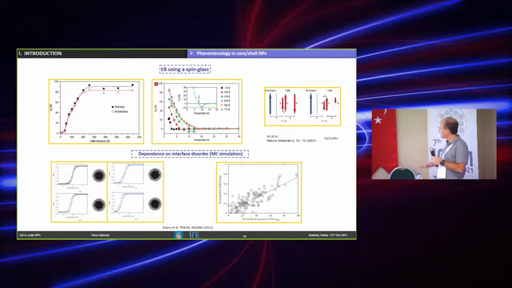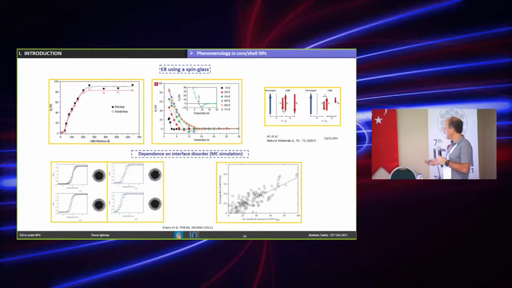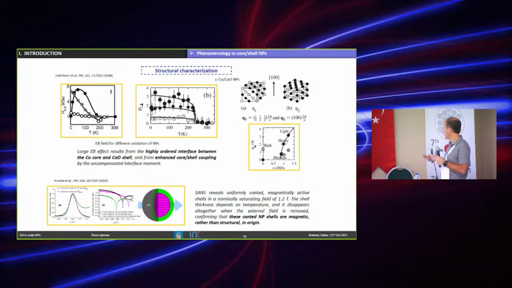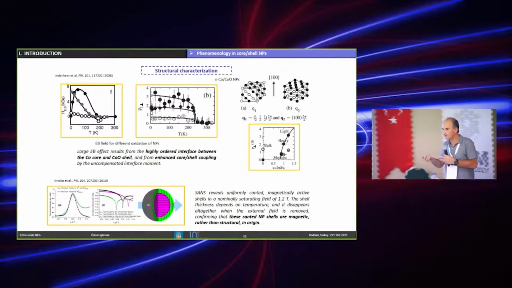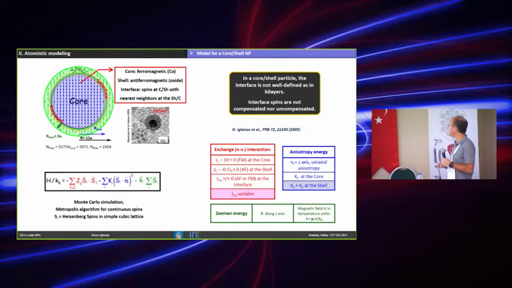And exchange bias has been obtained using a spin glass even. And there's been a demonstration that the roughness of the interface plays a clear role in the loop shift. And structural characterization of the interface has been tried, specifically using neutron scattering, very recently.